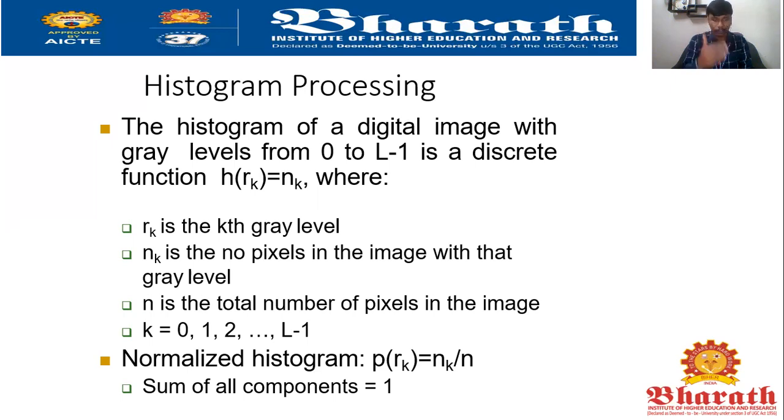And next one is the normalized histogram, where H will be replaced with P. P of r k is equal to n k divided by n.